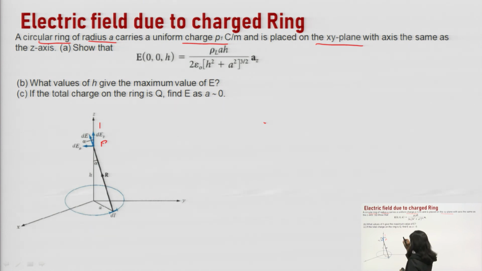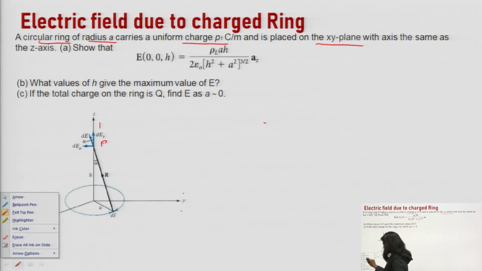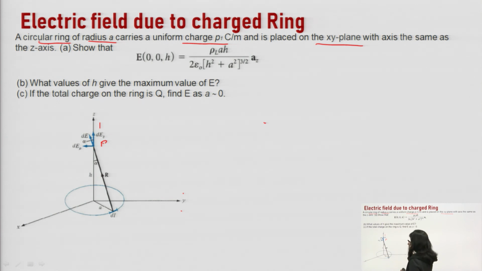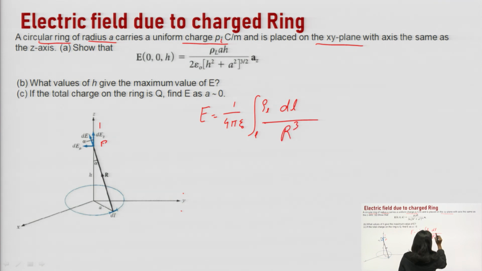So, we know that for a line charge, electric field E is equal to 1 by 4 pi epsilon naught line integral of rho L dl divided by r cube and one r vector will be here.